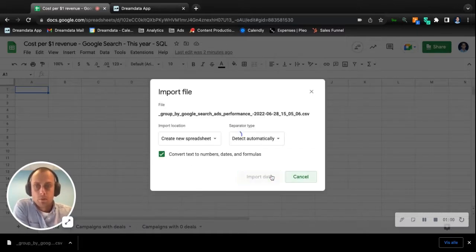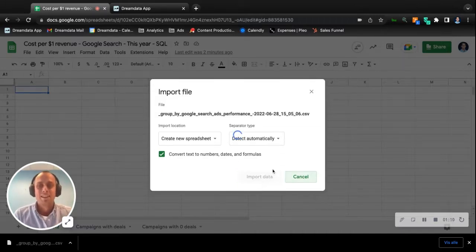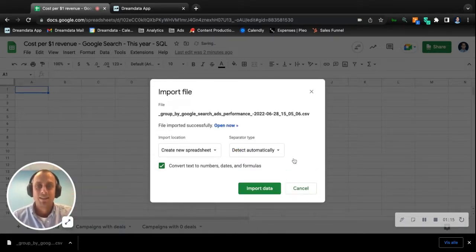By just putting them in here, it's extremely easy to identify what's actually working, but it's also very easy to identify where you actually waste a lot of money. So basically, you can pull in all the campaigns that are running here.